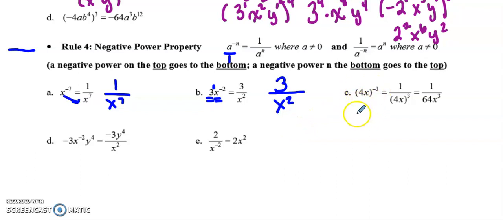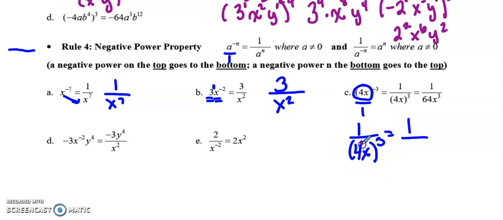This one right here is like a double step one. It's on the top, we need to make it happy. This negative 3, you can do this a couple of different ways, but this entire thing is your base. That whole thing is raised to the negative 3. So when we pop that entire base to the bottom and make that 3 positive, make sure you keep that parentheses, because now we're going to use our other rule that says I have to get rid of these parentheses.